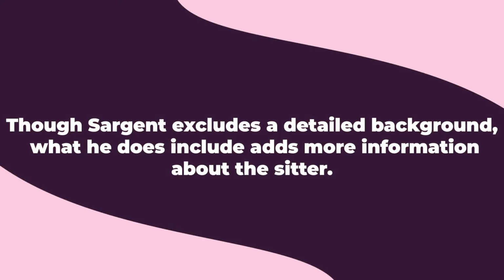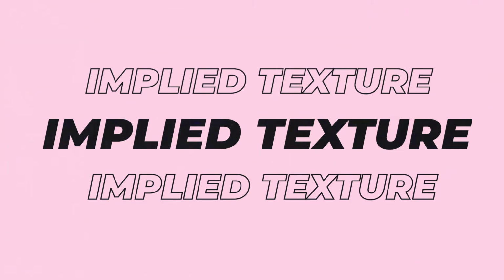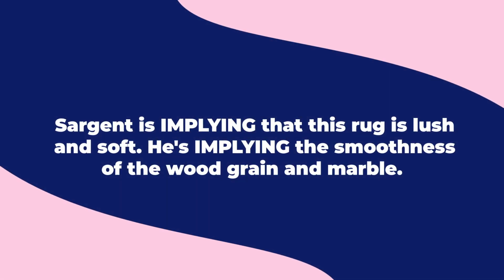Though Sargent excludes a detailed background, what he does include adds more information about the sitter. Notice the soft, lush, white fur rug she stands on top of. Look at the wooden table with its golden details and smooth, reflective marble surface on top. All of this is called implied texture, which means Sargent is implying that this rug is lush and soft.